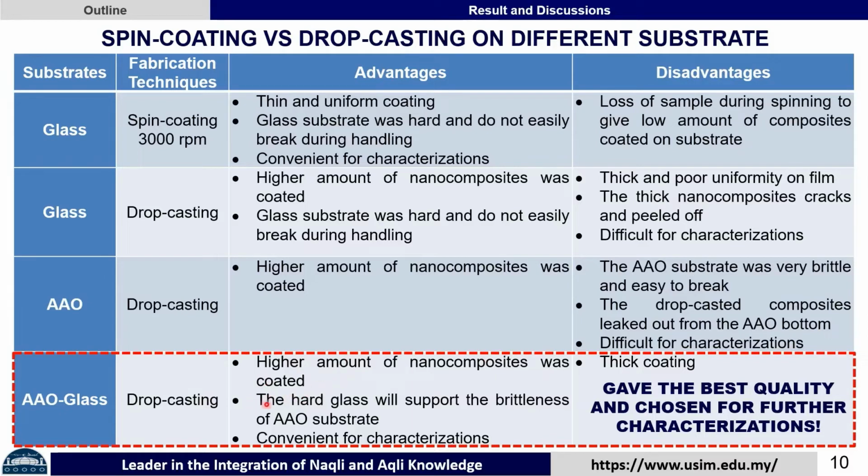Then the hard glass also helped to support the brittleness of the AAO substrate, making it convenient for characterization. And that's why this film was chosen for further characterization compared to the other films synthesized, as you can see in this figure.